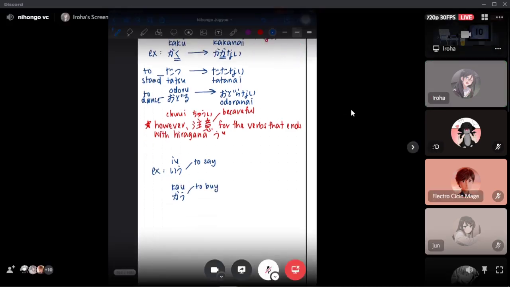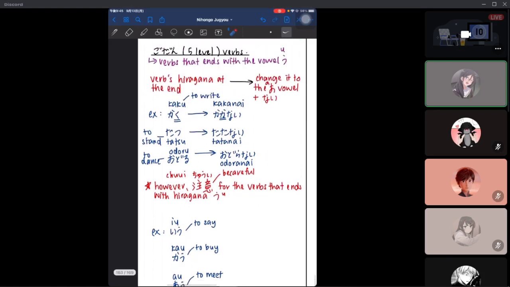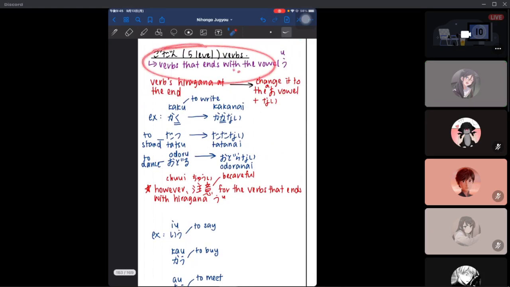Or like au, which is to meet. So if you notice, these verbs end with the hiragana u, but they are still under godan verbs.